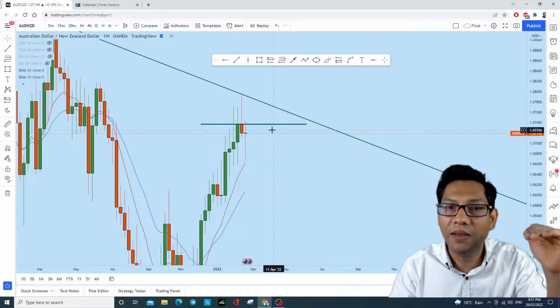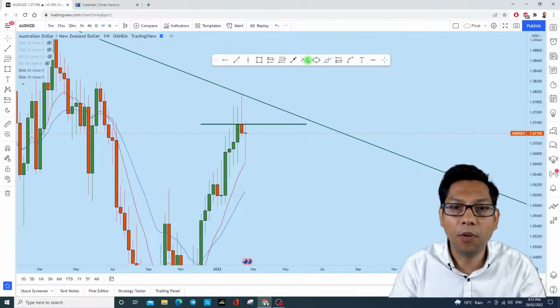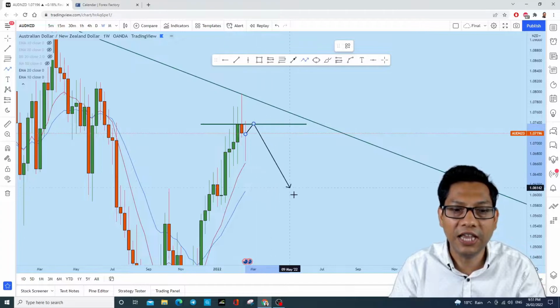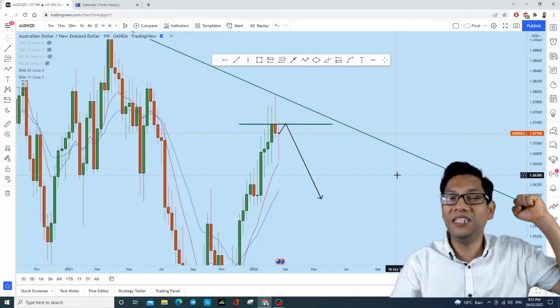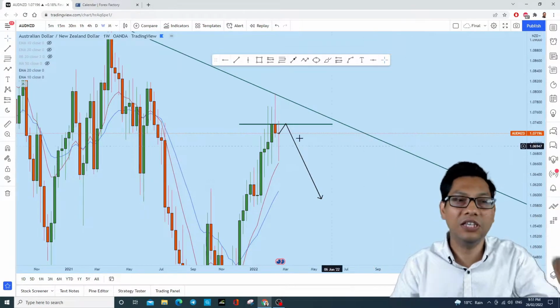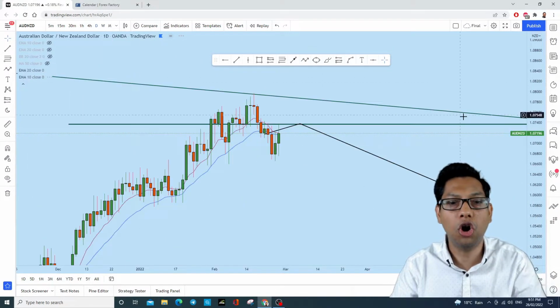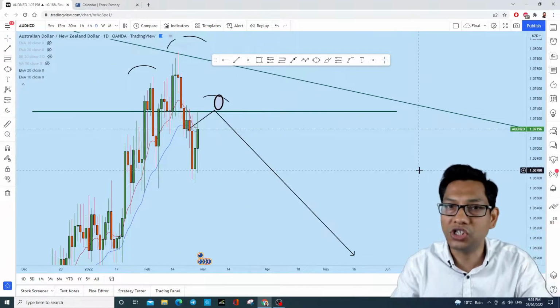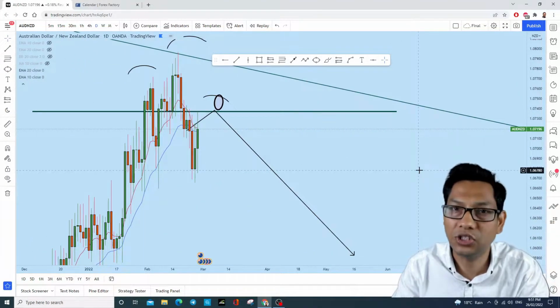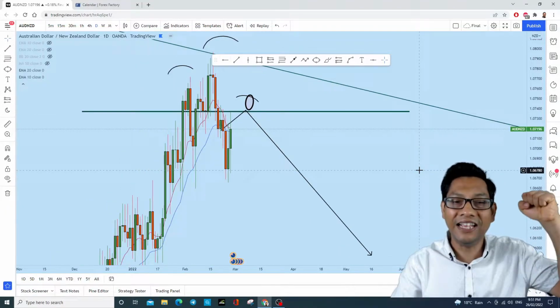This is a very, very important level of resistance, and from here we could potentially see another drop to the downside. So this is what we will be taking advantage of. AUDNZD, we will be going short if it fulfills all the conditions. We'll consider going short with our students with a high risk to reward ratio.